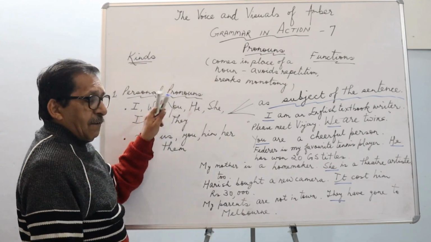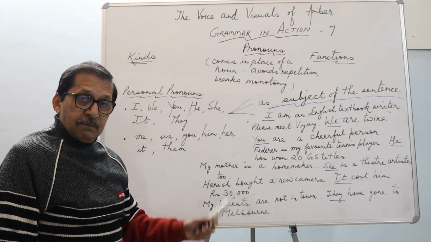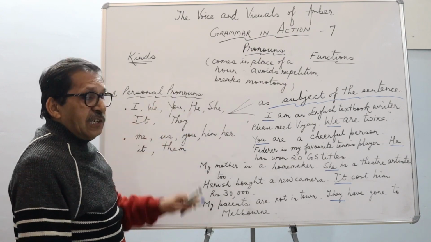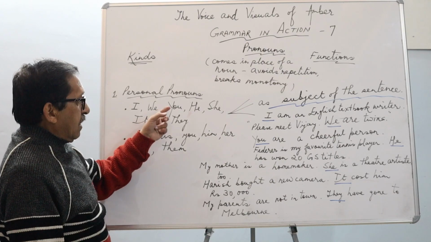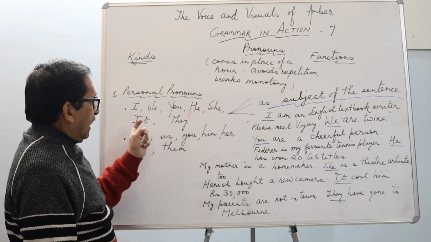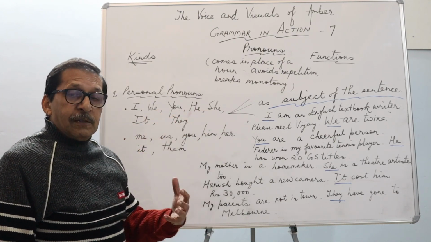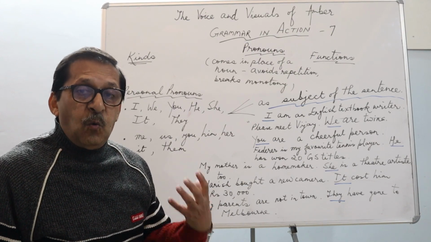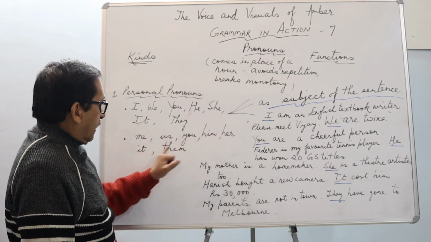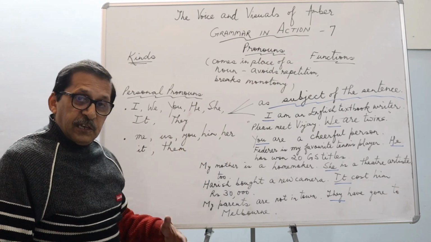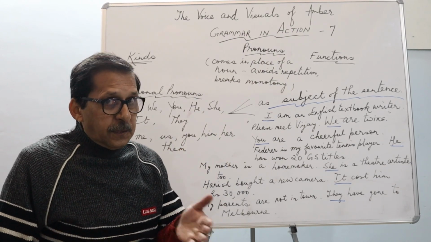And we have various kinds of pronouns, but today we shall deal with the personal pronouns. I, we, you, he, she, it, they. They come in place of naming words. And me, us, you, him, her, it, and them, they too come in place of the naming words.